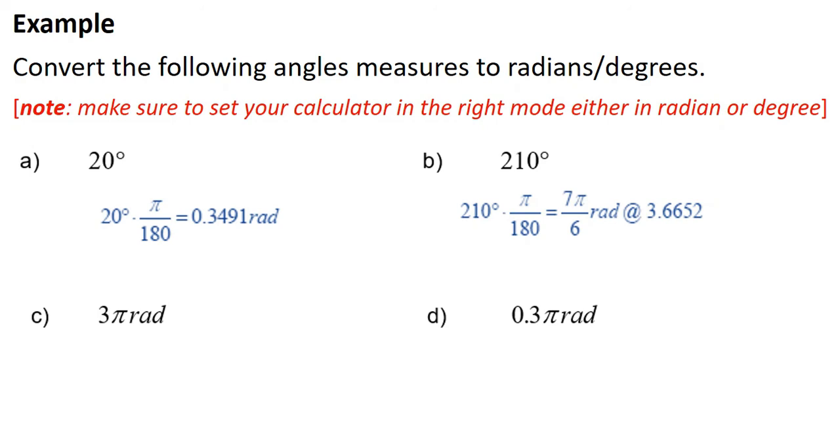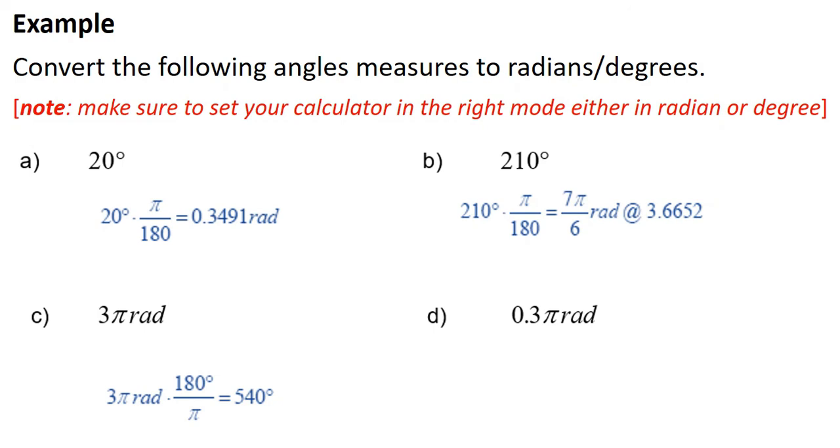Next, for question C, we will change the radians to degrees. Therefore, make sure the calculator mode is in degree because we want to calculate degrees. The calculation is just to multiply by 180 degrees over pi and the answer is 540 degrees. And the last question, 0.3 pi radians, we will change to degrees.